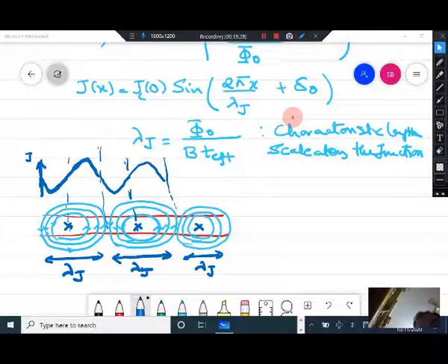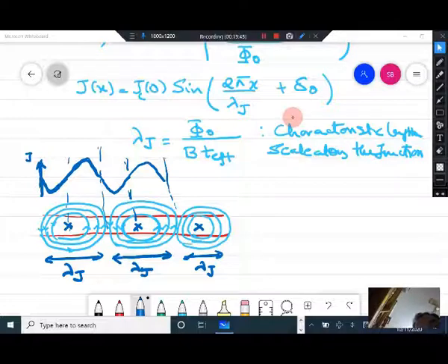So the current becomes negative and then again positive, a sinusoidal variation in the Josephson current as you go along this junction.